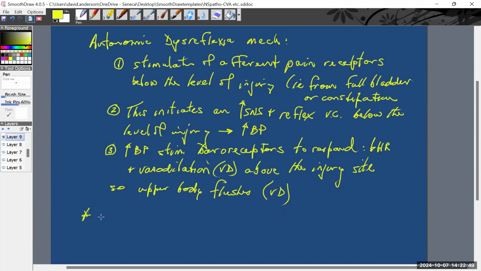Okay, and basically what we're saying is the descending pathways can't pass the injury site.